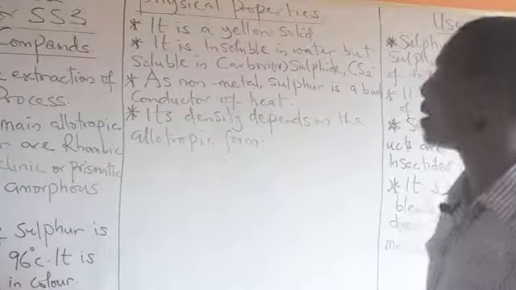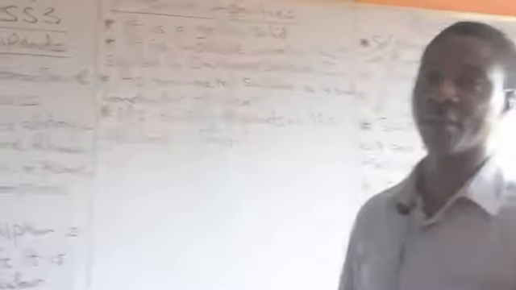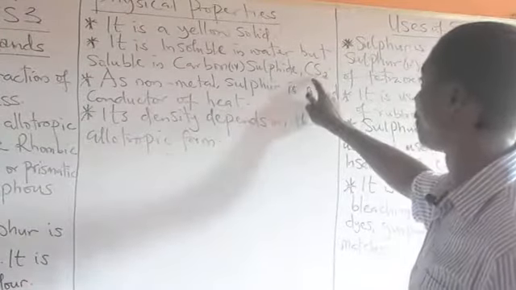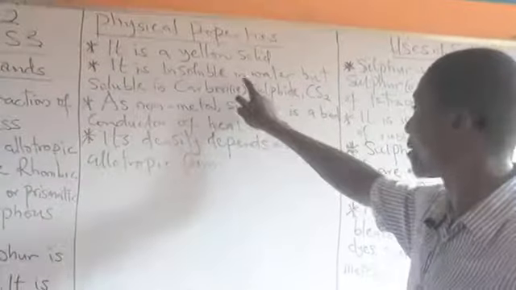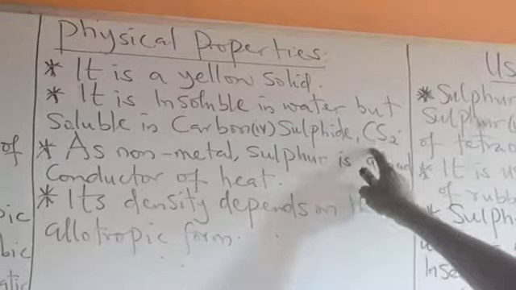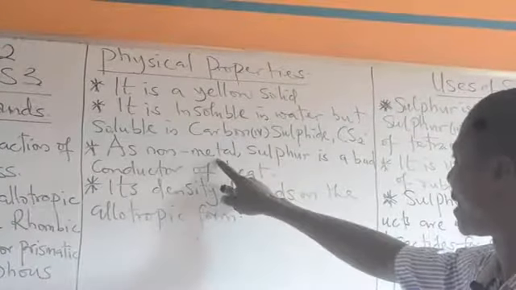Now the second one is sulfur is insoluble in water, but it can dissolve in carbon disulfide, CS2. Which I've already told you before, sulfur is a non-metal.